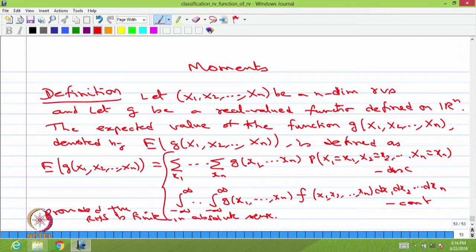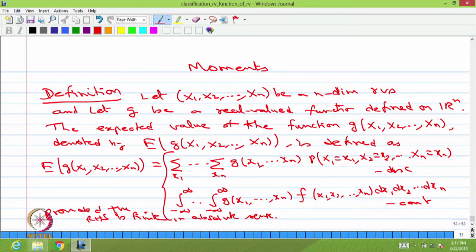This is the same thing we have done for only one dimensional random variable. When X is a random variable and g is a Borel measurable function, g of X is a random variable, one can find the value of expectation of g of X with the summation if it is a discrete type random variable, integration if it is a continuous type random variable, provided the summation or integration is a finite quantity in absolute sense.